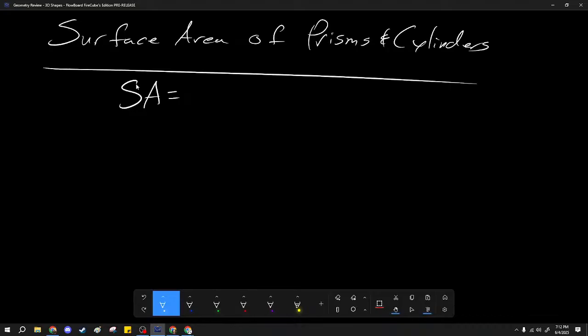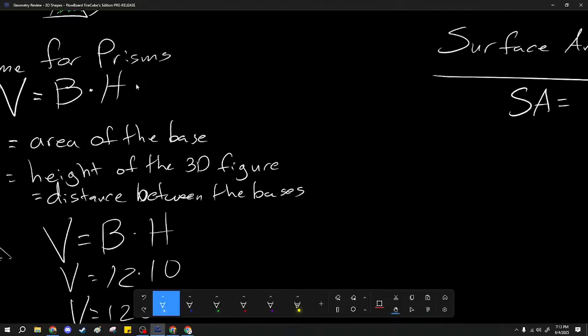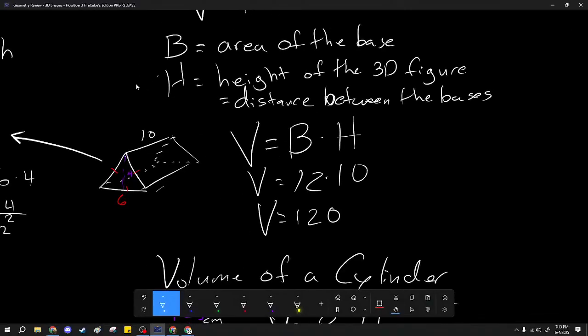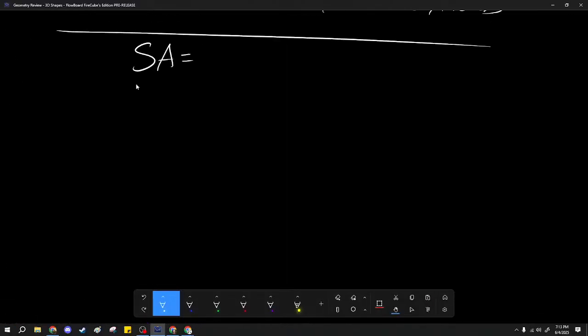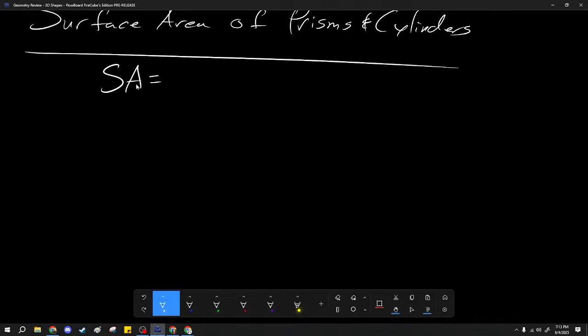For a prism, for just like the ones we did over here, it follows this rule: 2 times capital B plus capital P times H.